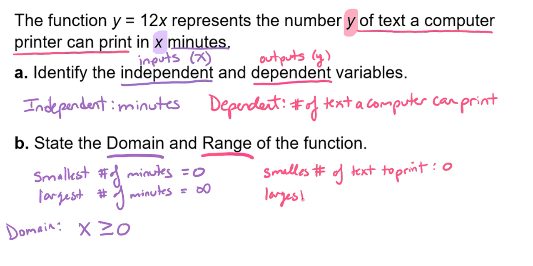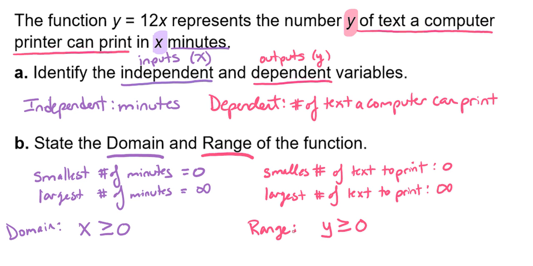Well, what is the largest number of text to print? Well, it could print forever, so the answer would be infinity. So here we could say that y could be any number that is greater than or equal to 0. And this is our range.